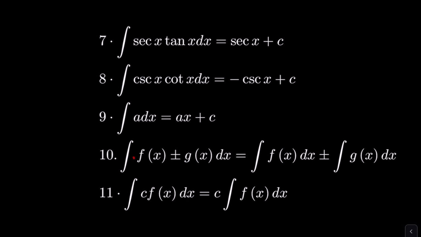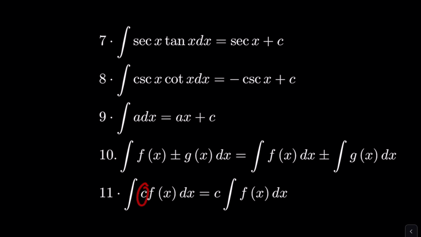And you have these two general formulas: the antiderivative of the sum of two functions is the sum of the antiderivatives. Or the antiderivative of f minus g, if you subtract two functions and find the antiderivative, then you can basically separately find the antiderivatives and subtract or add.